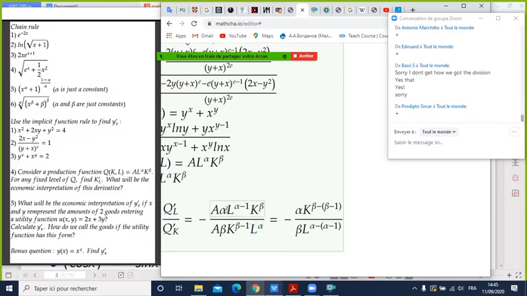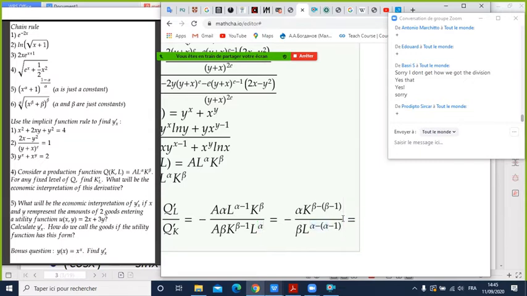When I have this L here and this L here, what I can do is move this L to the power of alpha minus 1 to the denominator, and you know that will mean taking the negative of the exponent, and that's what we have.